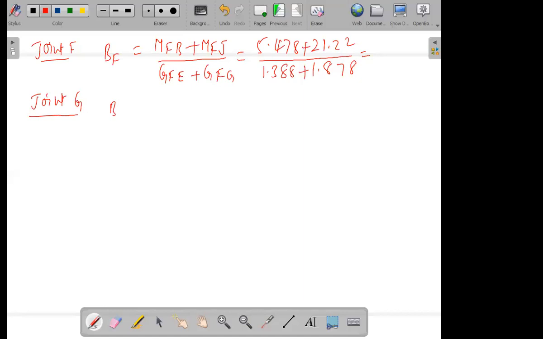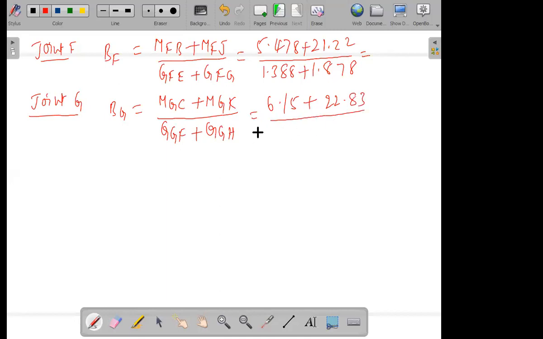Next, consider joint G. Here you'll get bG. MGC plus MGK divided by GGF plus GGH. You get 6.15 plus 22.83 divided by 1.758 plus 2.12.